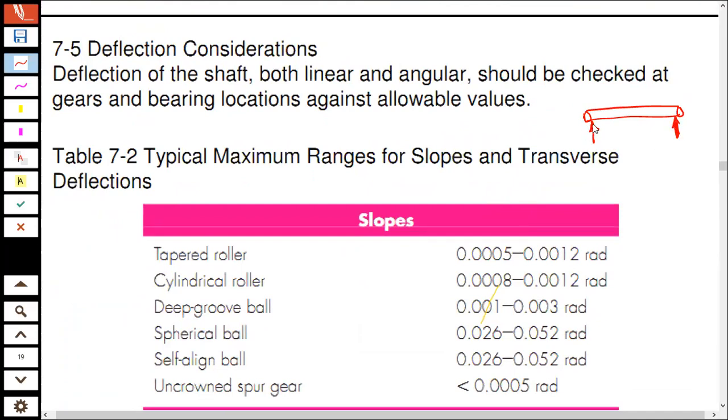So if you use these supports, the shaft is going to have some deflection. Bending, sir. Yes. And when it bends, there is going to be some deflection. Why? Now, this is a fact that there will be deflection, but how much is this deflection?